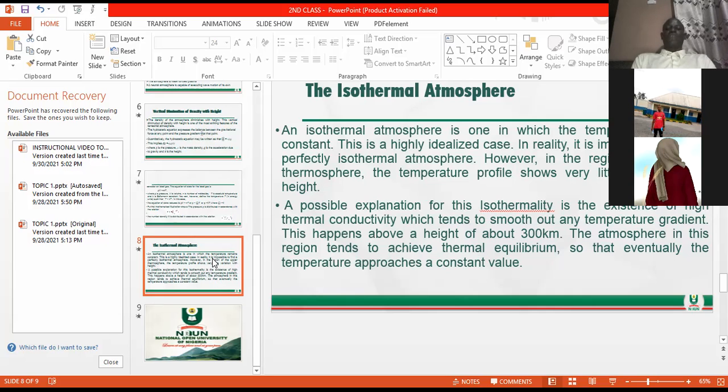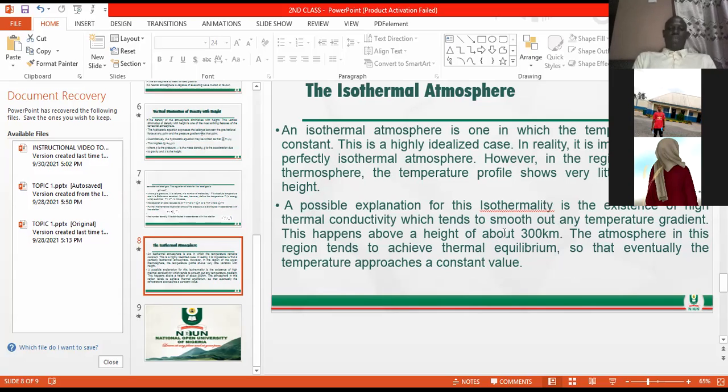A possible explanation for this isothermality is the presence of a high thermal conductivity, which tends to smooth out any temperature gradients. An isothermal atmosphere can only be observed above a height of 300 kilometers. Can you see?